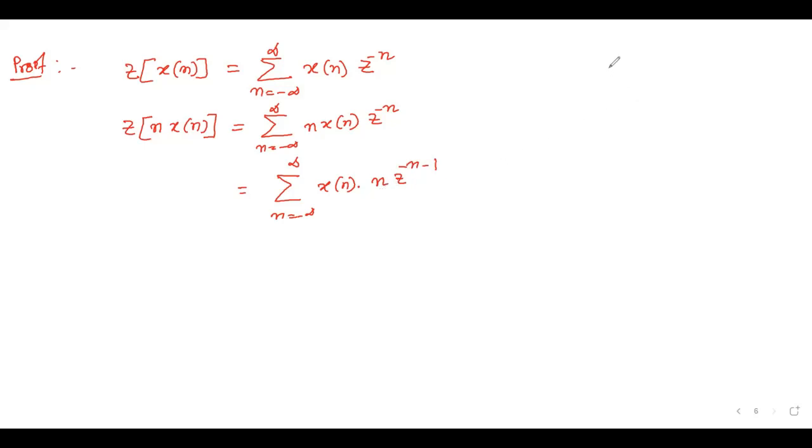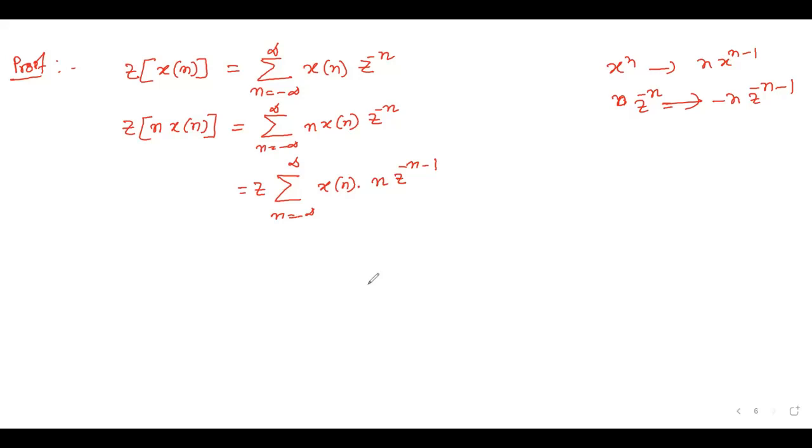As we know, the derivative of x^n is n x^(n minus 1). So the derivative of z to the power minus n will be minus n z to the power minus n minus 1. What we have is n z to the power minus n, so it is adjusted by z.